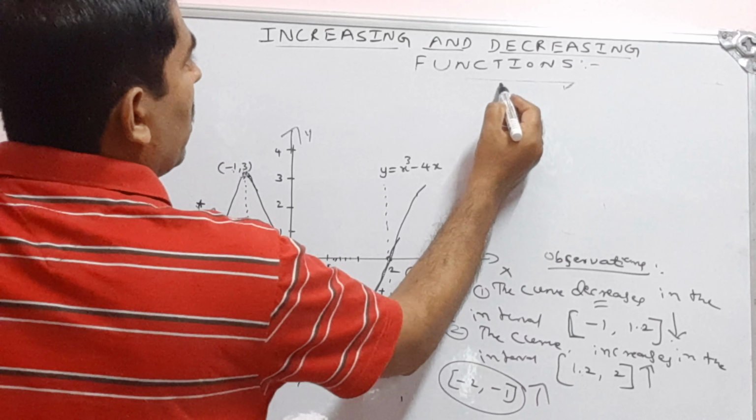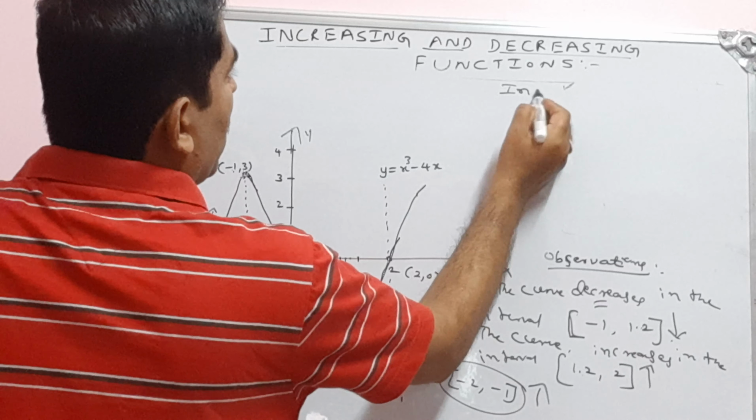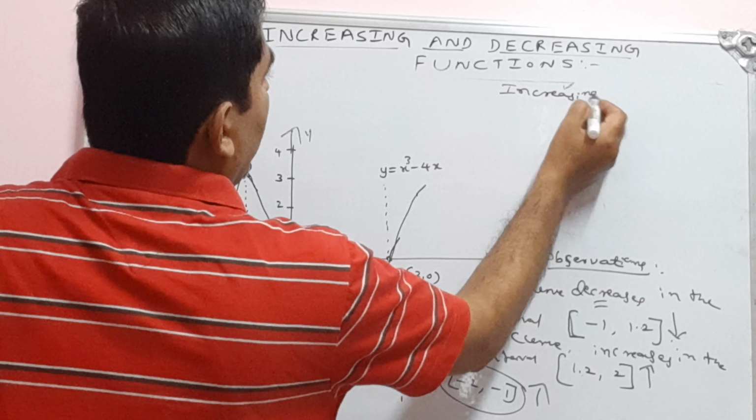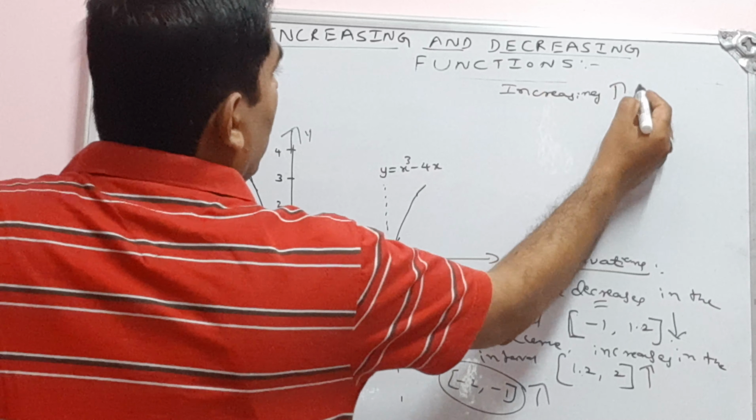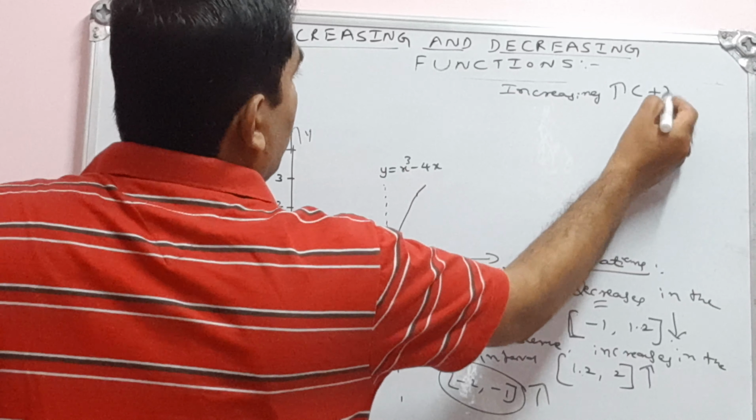From -2 to -1 it is increasing, in the next interval it is decreasing, and once again it is increasing. Wherever it is increasing, I have written plus. Wherever it is decreasing, I have written a negative sign.